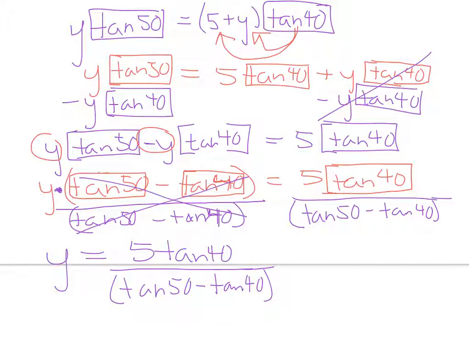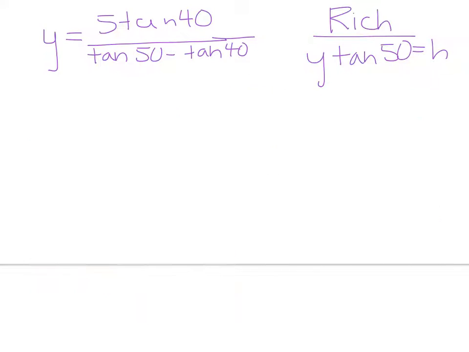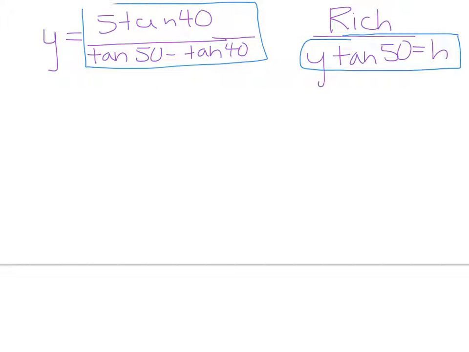But we're not quite done because we didn't want to solve for y. We wanted to solve for h. So if we think back to information from the first slide, we have this to solve for h because we want that value. And now we have y, so we can take this value of y that we just calculated and plug it in.